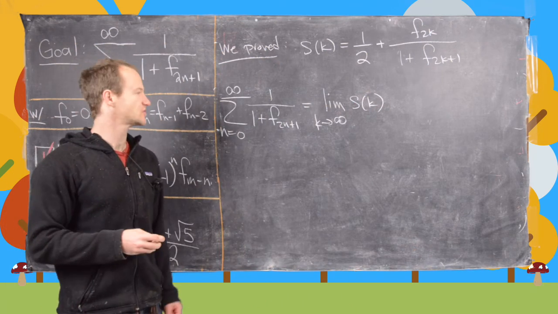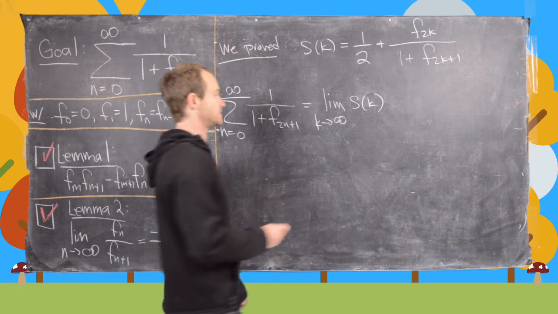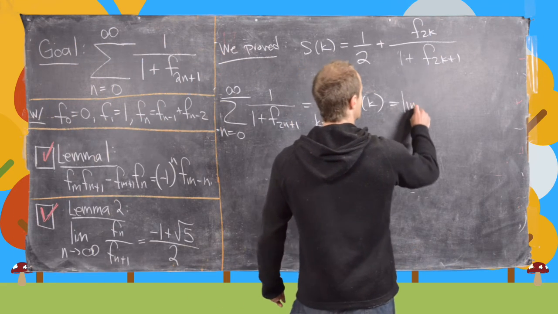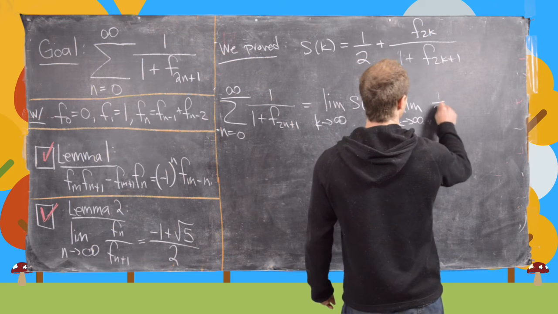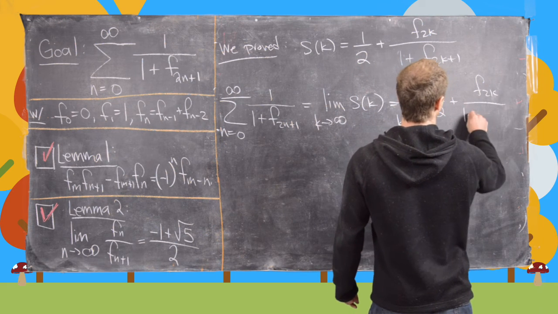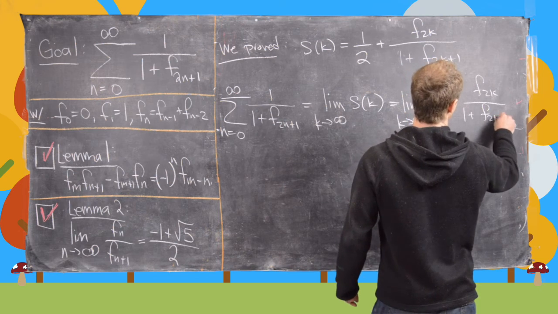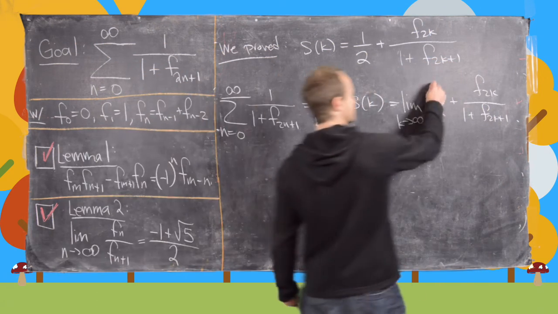Good, just the definition: the sum of a series is equal to the limit of its partial sums. But that's equal to the limit as k approaches infinity of half plus f sub 2k over 1 plus f sub 2k plus 1. Great, so let's put some parentheses around that.